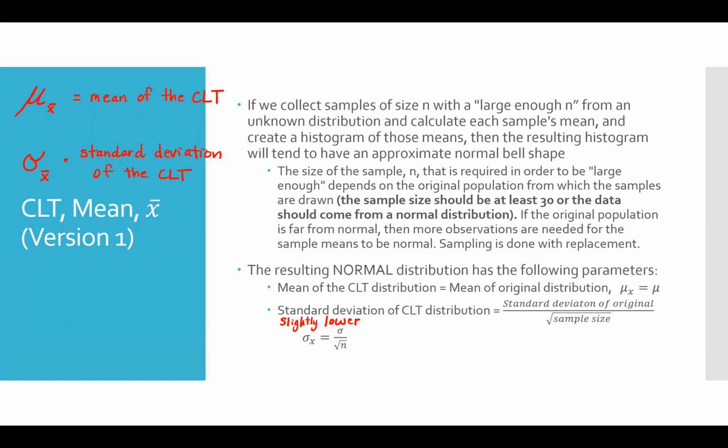Because if I look at one item or one person in comparison to thousands or hundreds of thousands, that one item or one person could be really different from everybody else.